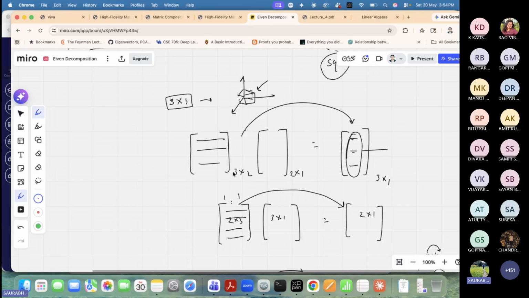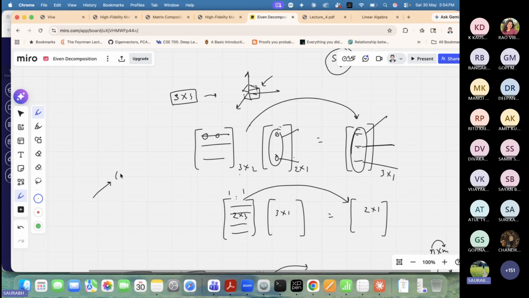Now, initially, you were starting with a vector, let's say here, and the vector had only two values. The dimension was only two, right? A two cross one vector. Now you have enriched it into three. Your initial vector was 2, 1. Now after multiplying by a three cross two matrix, your vector has become 2, 1, 4.